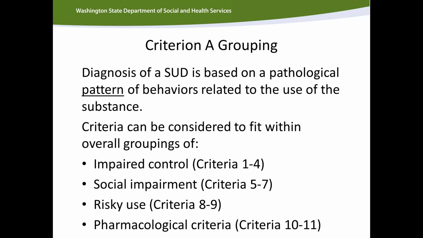And then the other element of withdrawal is that the substance or another closely related substance is taken in order to avoid withdrawals. Withdrawals occur not because of intoxication, but because they are no longer intoxicated, and the withdrawal effect is what you're seeing there.